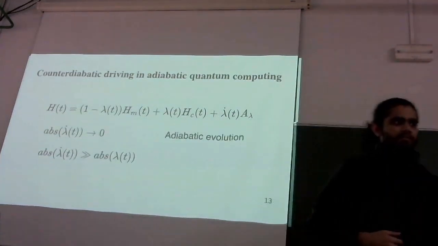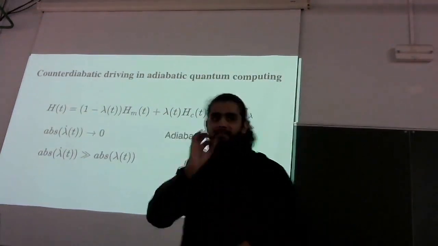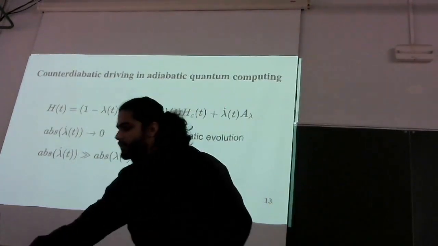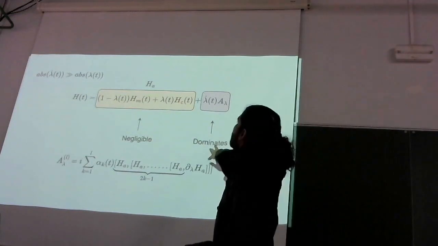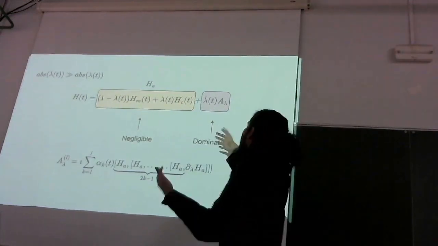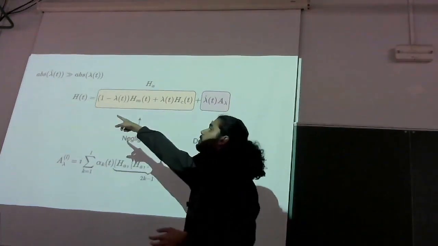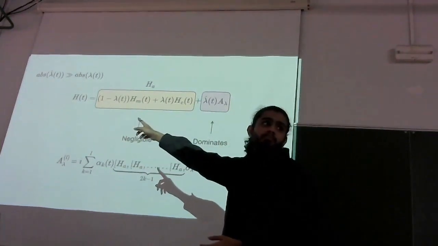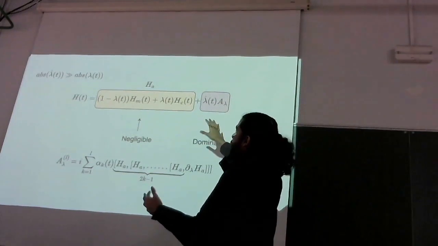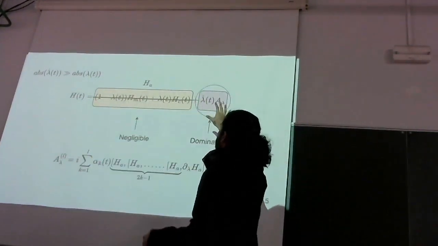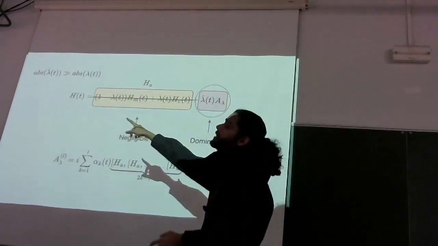Then this term will dominate the whole Hamiltonian, because at all times t, lambda dot of t will be very high with respect to lambda. So you can completely neglect this term, and then you have only this term as your Hamiltonian.